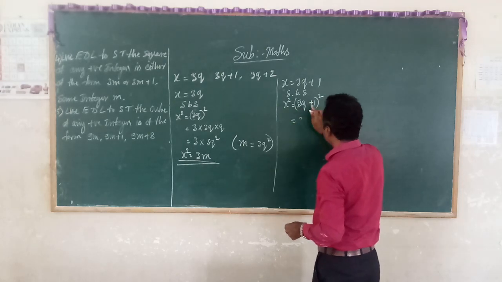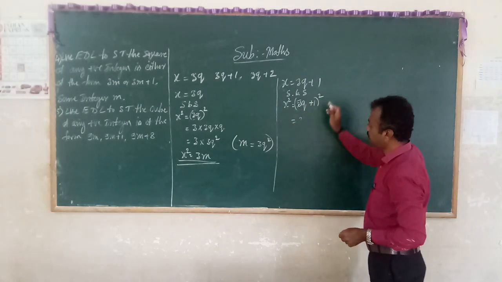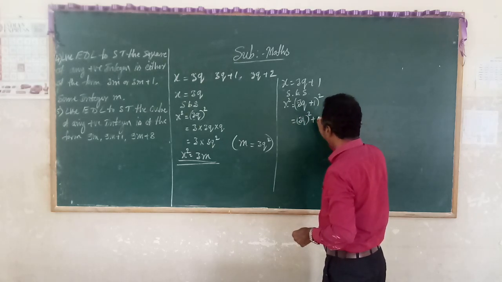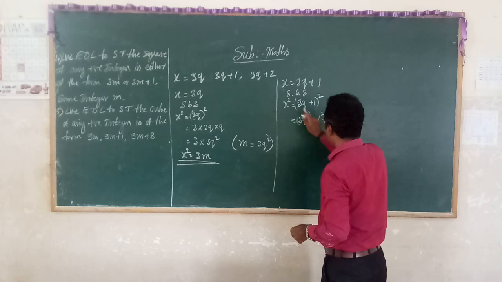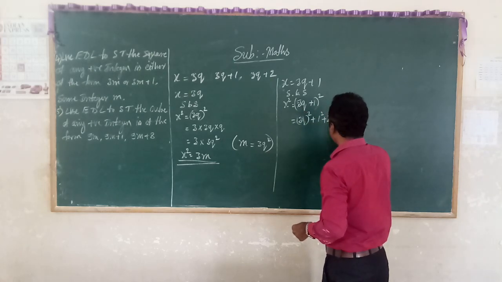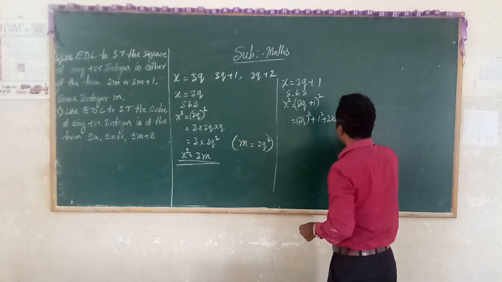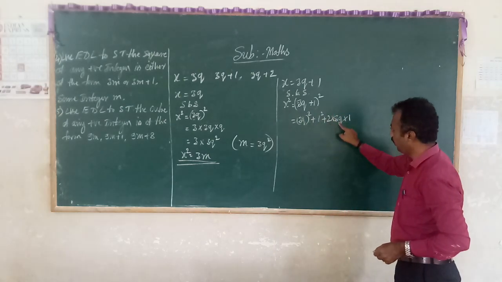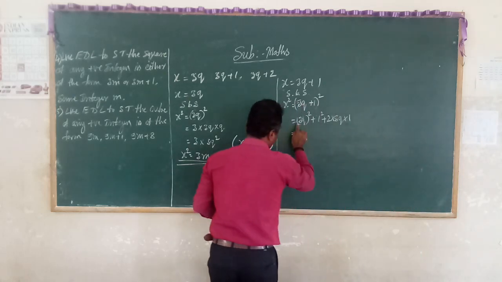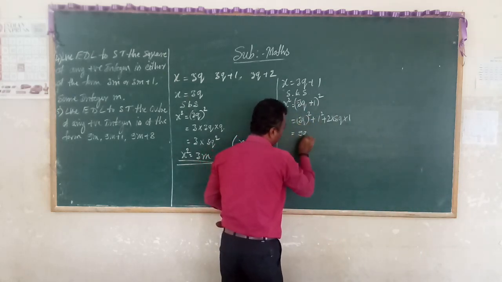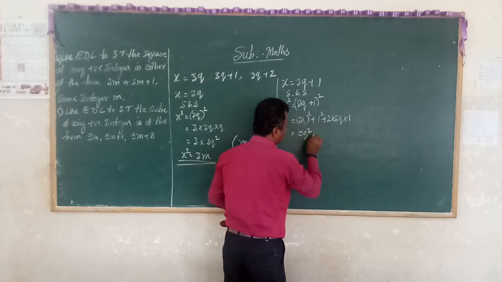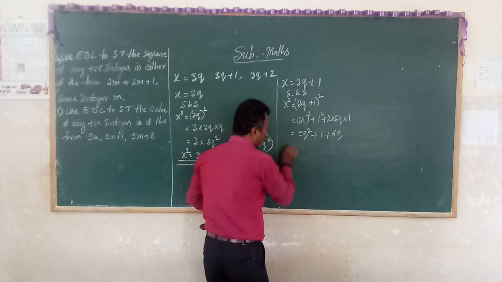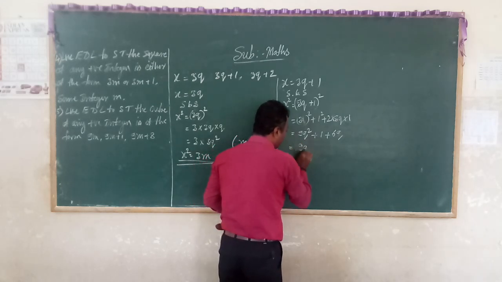This is in the form of a plus b whole square, that means a square plus b square plus 2ab. a is 3q, b is 1. 3q whole square means 9q square, plus 1 square means 1, plus 2 threes are 6q. So I will take 9q square plus 6q plus 1.